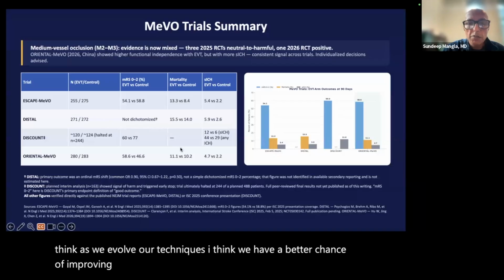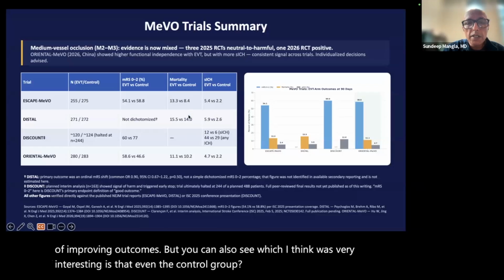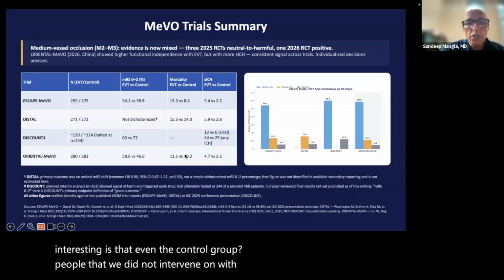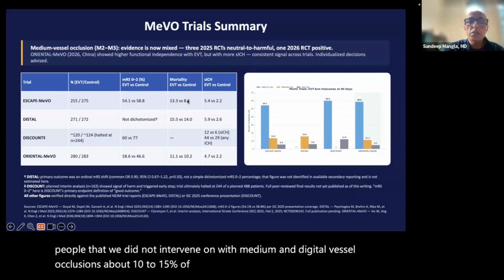What you can also see, which I think was very interesting, is that even in the control group, people that we did not intervene on with medium and distal vessel occlusions, about 10 to 15% of them died. So these are not minor strokes.